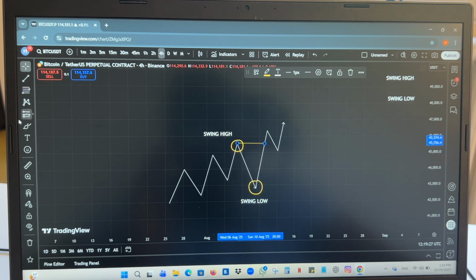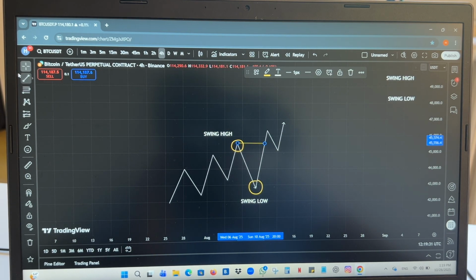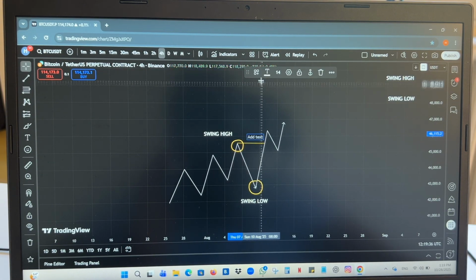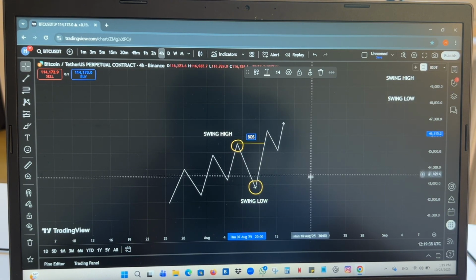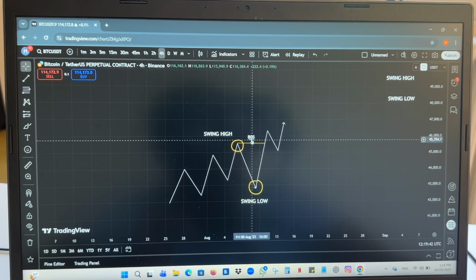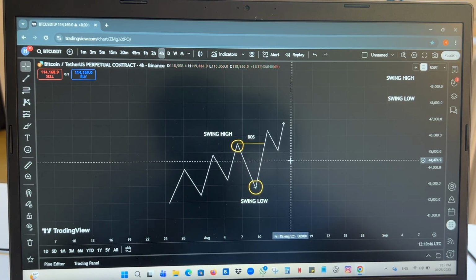So there you go. The swing high is identified, the swing low is identified, and the BOS is confirmed. That is how you identify a swing high and a swing low in an uptrend.